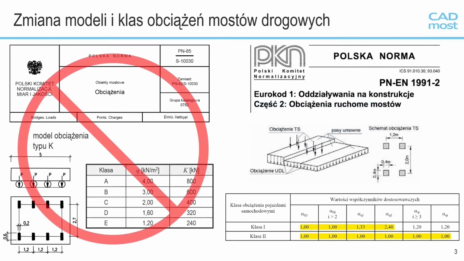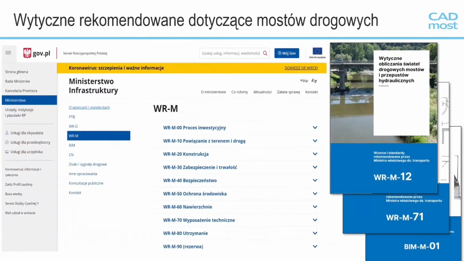The last change of the regulation caused the change of the load ratios for road bridges. We do not use the K track and the Q load, no A to E classes, but we have LM1, 2, and 3 models and only 2 load classes and applicable adjusting ratios.